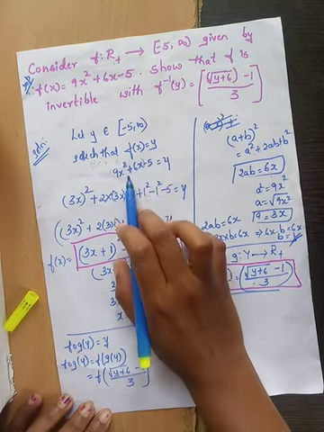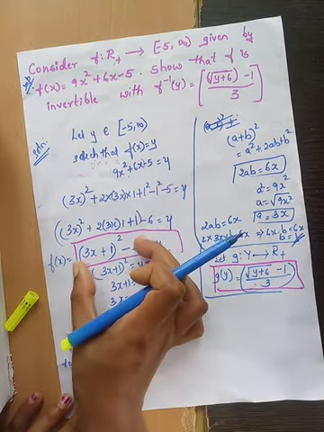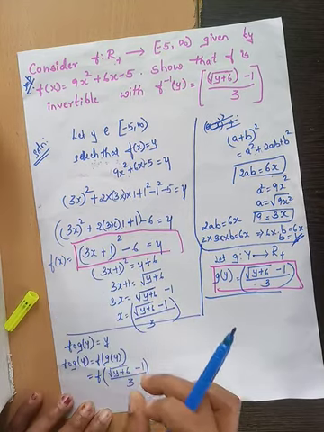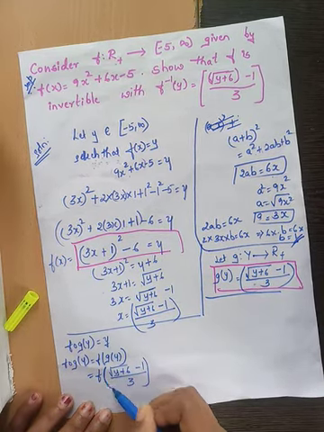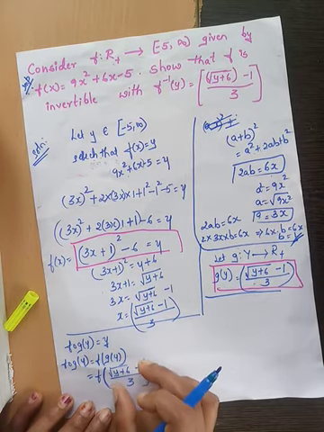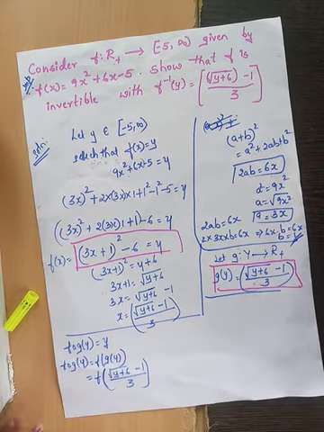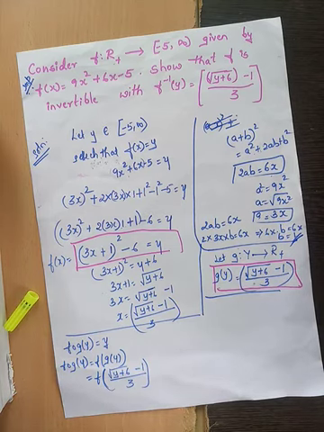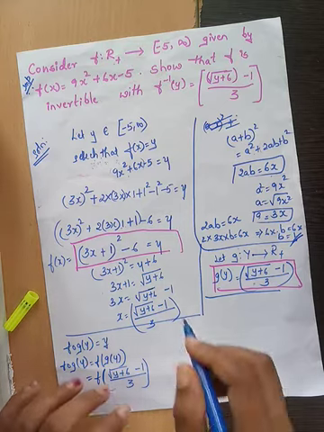For f of x we have substituted, so whatever we got, this is nothing but f of x. So, f of x is (3x plus 1) whole square minus 6, but here in place of x I have (square root of y plus 6 minus 1) divided by 3. You can take that as your f of x, or you can take the given expression.